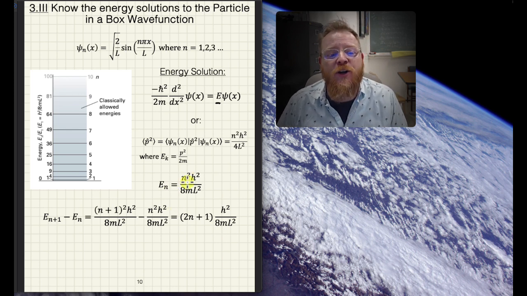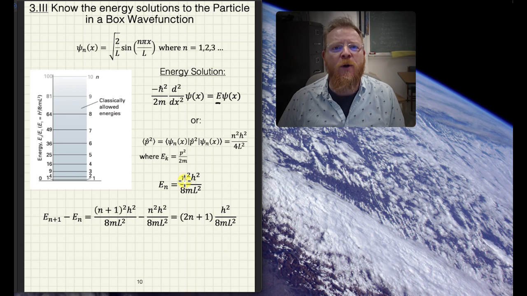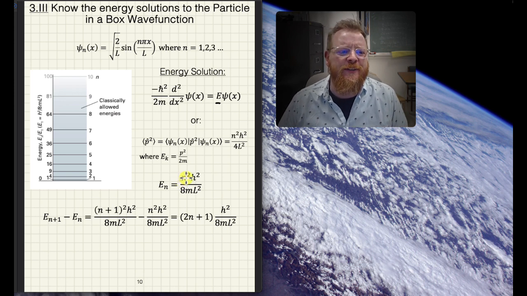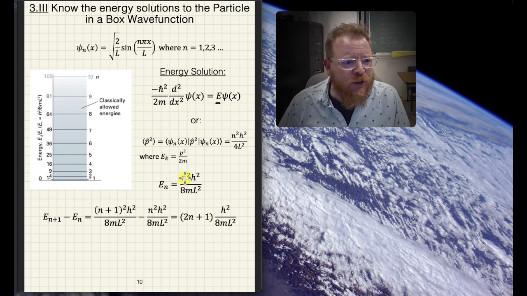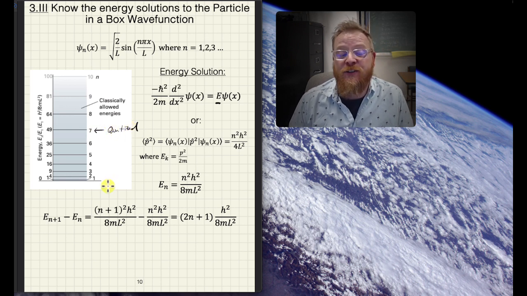So we can get the same energy solution in multiple ways. And what I want you to note here, it depends on the square of the quantum number, which I've kind of alluded to in previous lectures. Now if we look at our values of n here, we recognize that each specific value corresponds to a quantized energy solution.